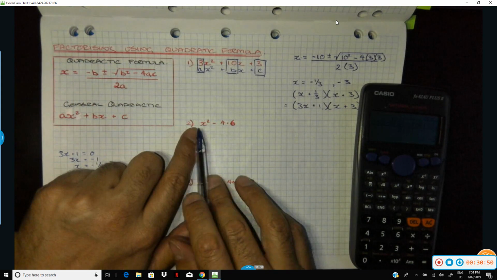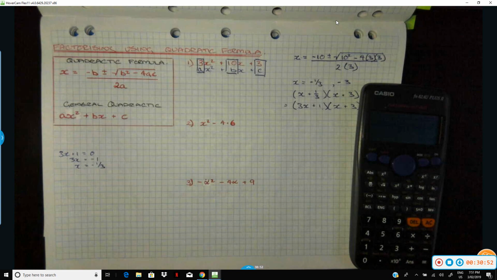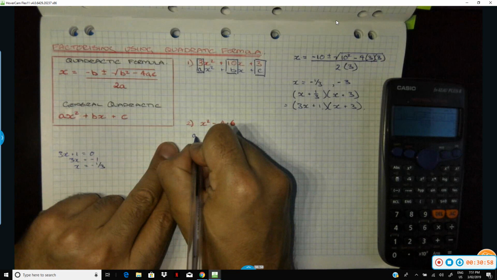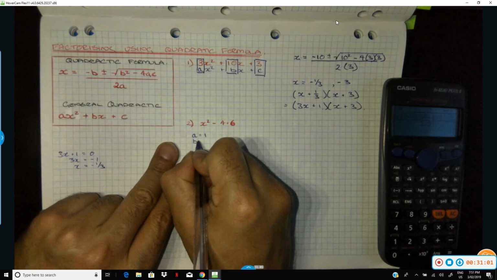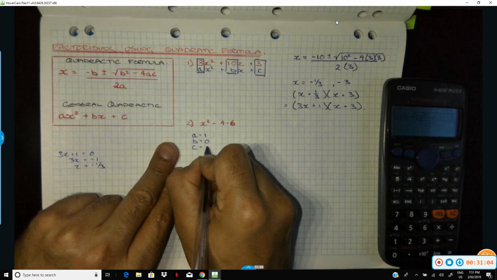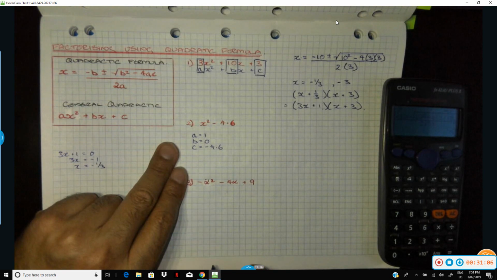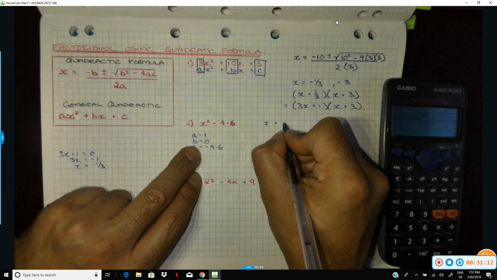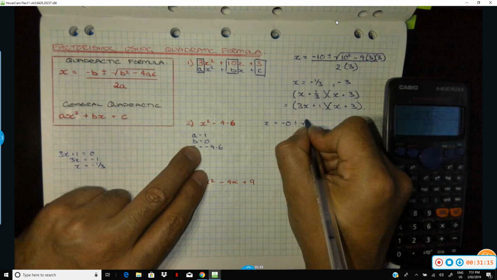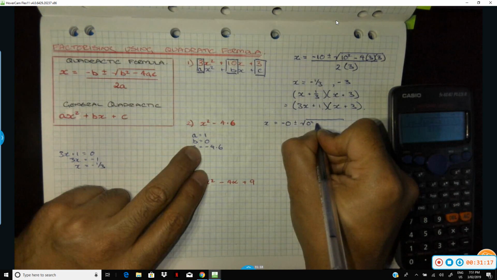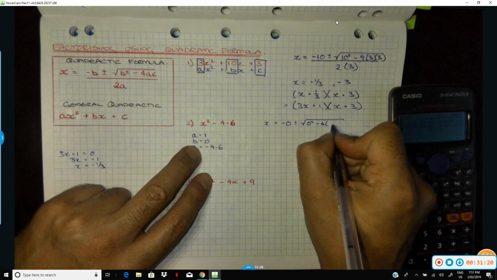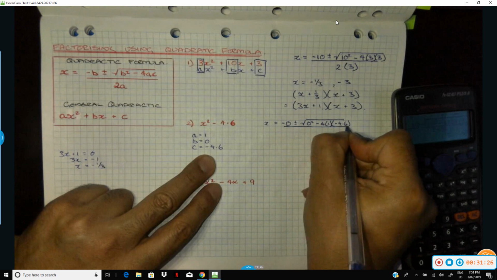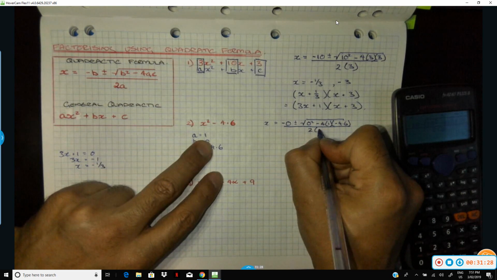Okay, difference of two squares. Okay, we could still use this. So here we've got a is worth 1, b is worth 0, and c is worth negative 4.6. Okay, so if we were to plug that into the formula, we've got x equals negative 0 plus or minus the square root of 0 squared minus 4 lots of 1 times negative 4.6 over 2 lots of a.